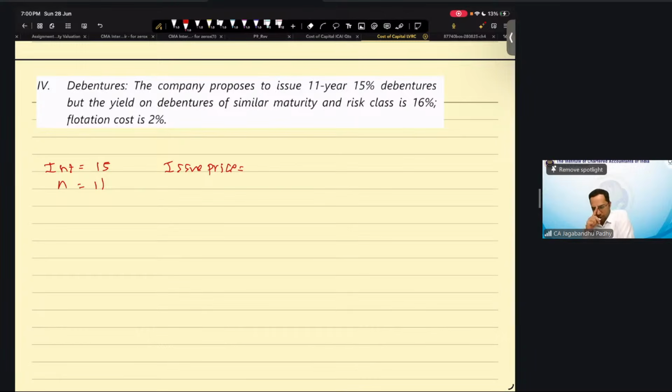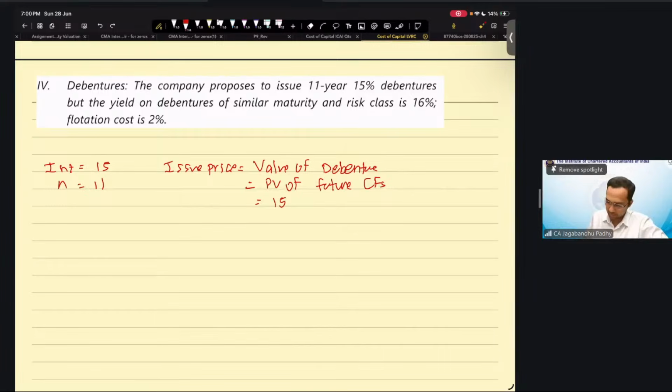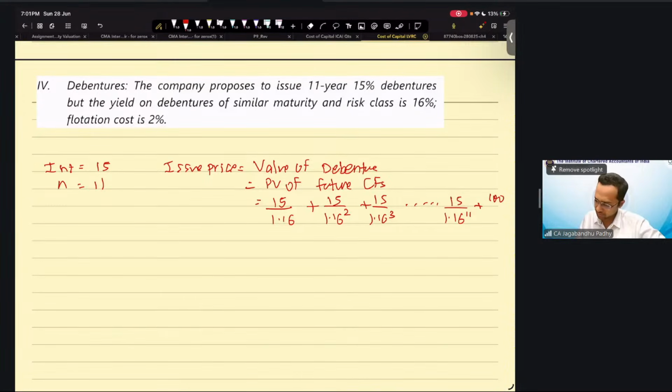Now, the issue price will obviously be the value of the debenture, which is simply the present value of future cash flows. That is going to be 15 divided by 1.16 plus 15 divided by 1.16 square plus 15 divided by 1.16 cube, like this till 15 divided by 1.16 raised to 11, and also the face value, which is 100 divided by 1.16 raised to 11.